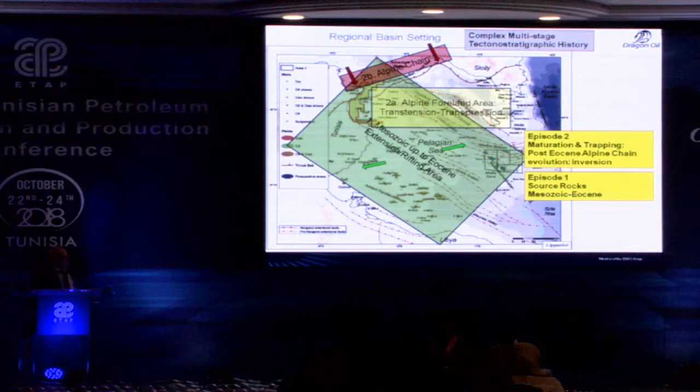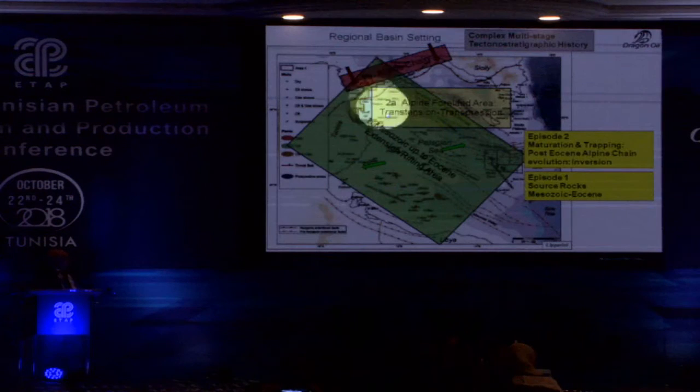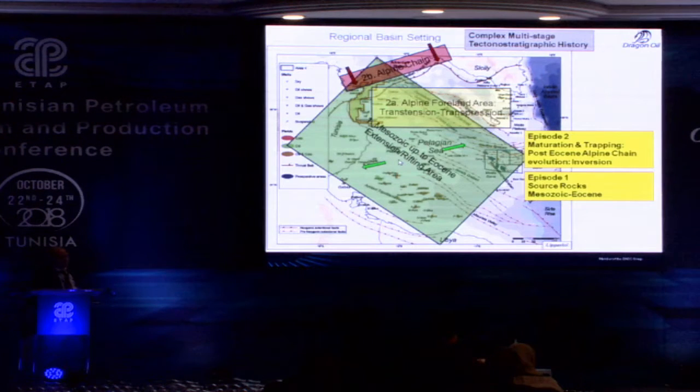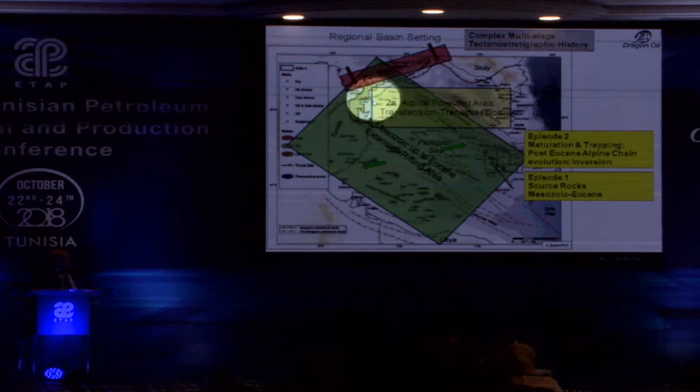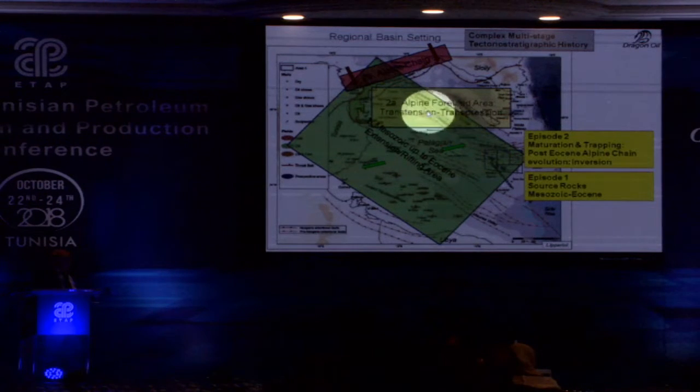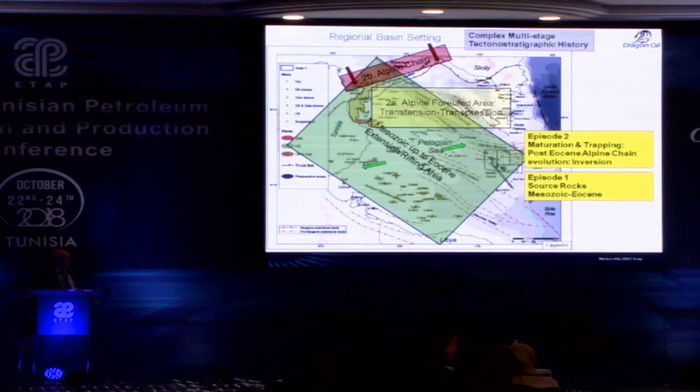Then we have a second episode, which starts more or less after the Eocene, in our opinion, and goes on until today, where we have a chain coming up from the north, which is moving and slowly incorporating what is now Tunisia into the deformation. Therefore, we have an area that was an alpine foreland area with transtension and transpression.